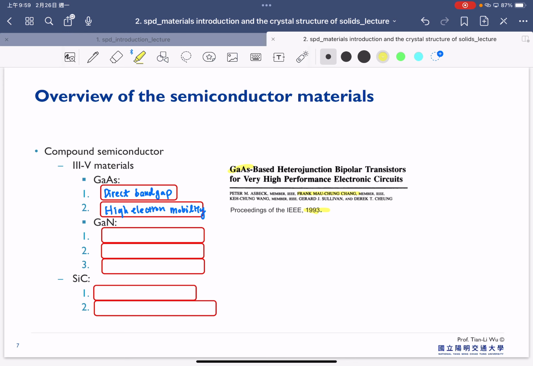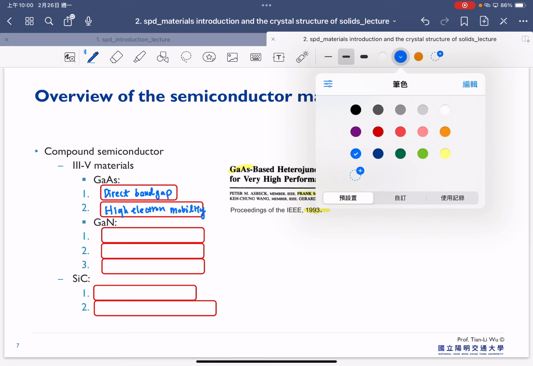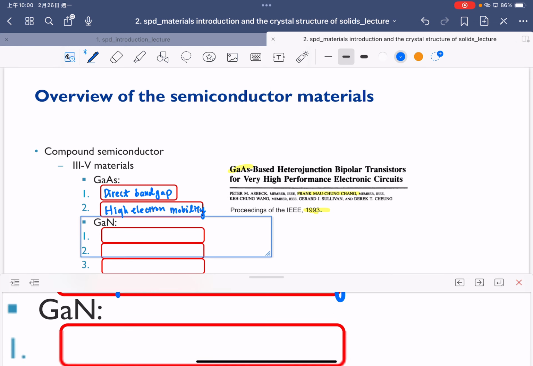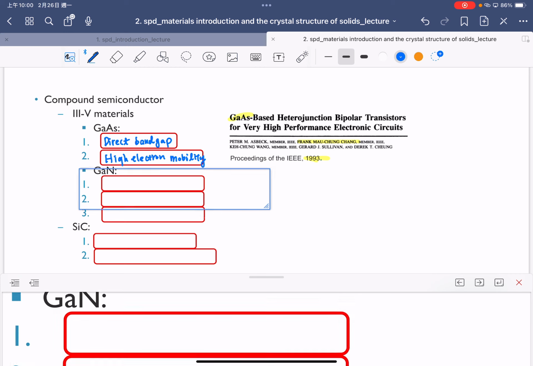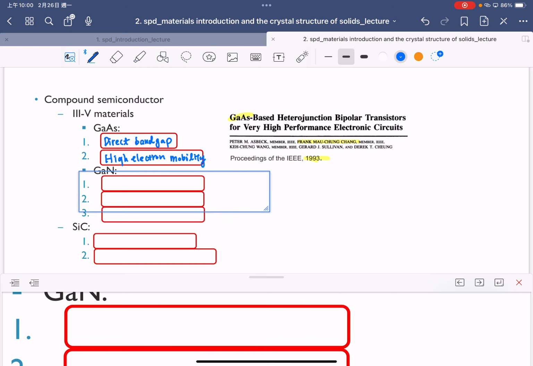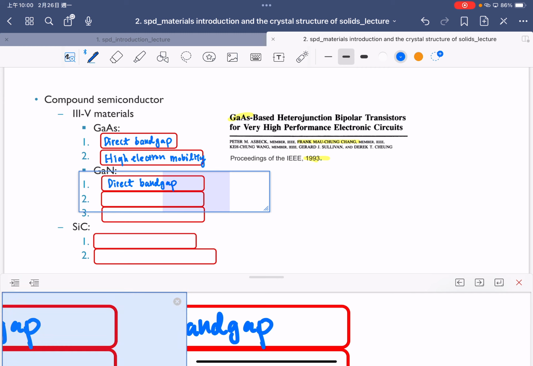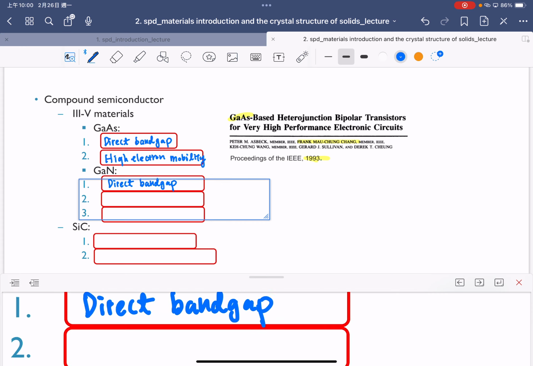Of course, for 3.5, there are some other very promising candidates. Another one is gallium nitride. Gallium nitride also has several unique properties. The first one is still the same: gallium nitride features a direct band gap. It also has the good property of high electron mobility.